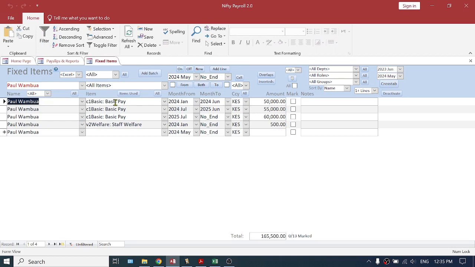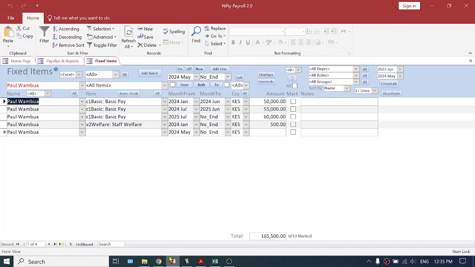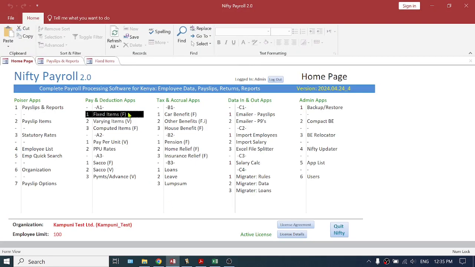For Paul, it's easy to see that I had 50K as his salary from this to this, and then that to that, and that to that. It's easier to look at than a very long schedule like this, which shows every month and what the amount is, so it's repeating the amount over and over again. So that's the difference between fixed items and varying items in Nifty Payroll.